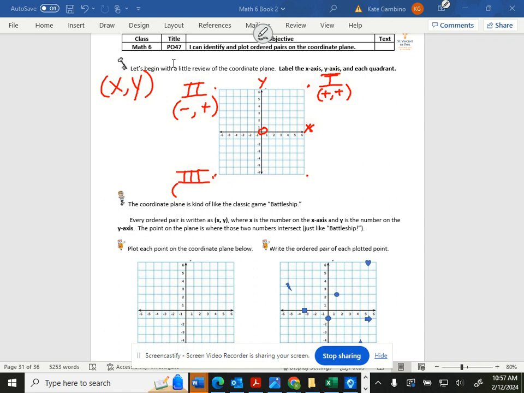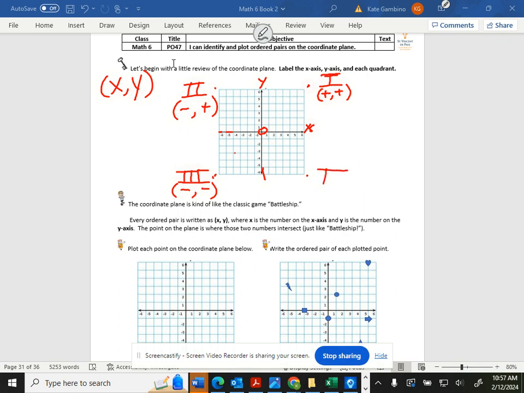Negative. And what are our y's? Negative. Because our x's go to the left, so they're negative, and our y's come down, so they are negative. So quadrant 3 will always be negative, negative. So that's your way of checking, did I put my ordered pair in the right place? If it was a negative, negative, I know it's going to end up in quadrant 3.